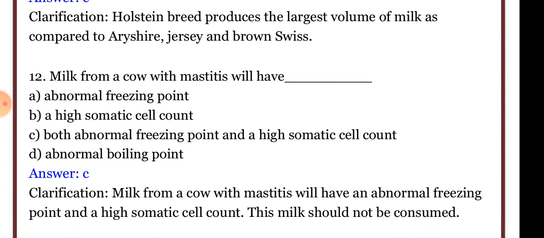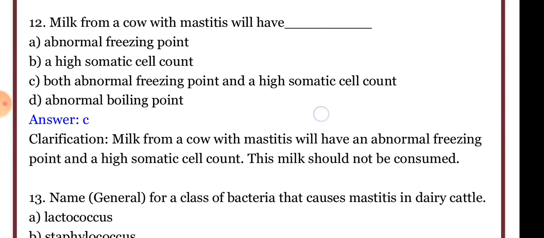The California mastitis test is a mastitis diagnosing technique in which we interpret the severity of the mastitis of an animal from the amount of somatic cell count in the milk.